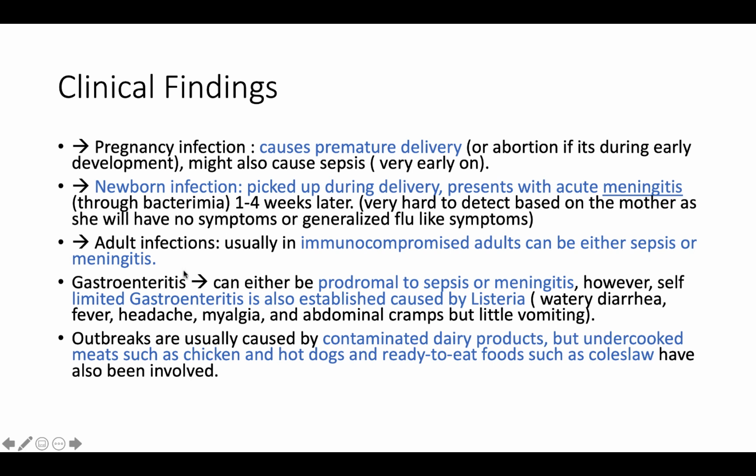But like we said, the majority of people will have self-limited gastroenteritis caused by listeria: watery diarrhea, fever, headache, myalgia, abdominal cramps, a little vomiting, and then that's it. But this can be the prodrome of sepsis or meningitis. So normal adults, immune-compromised adults, newborns, all can have meningitis.